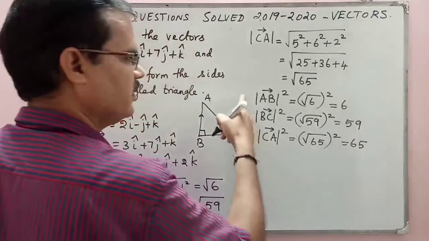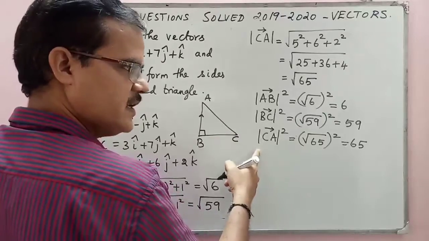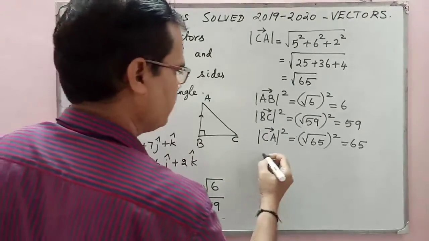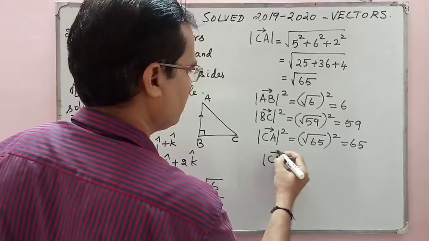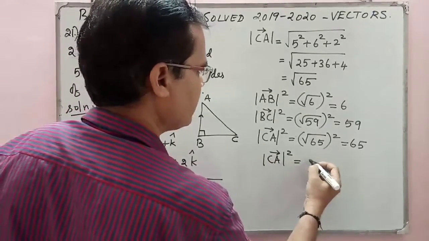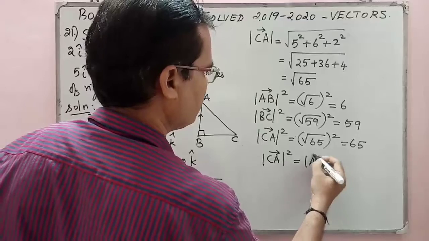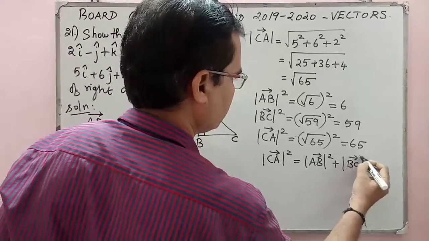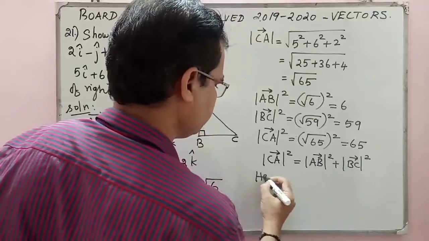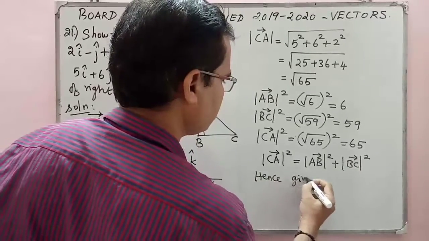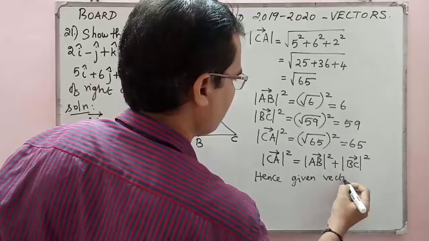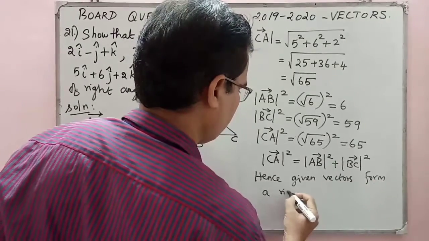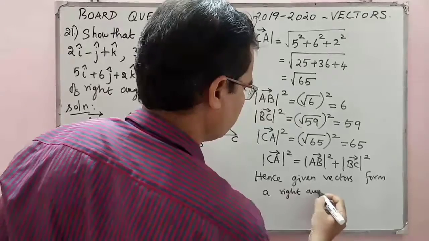So we can see that AB squared plus BC squared equals CA squared. So by Pythagoras theorem we know it is a right angle triangle. We observe that CA squared is equal to magnitude of AB vector squared plus magnitude of BC vector squared. Hence the given vectors form a right angled triangle.